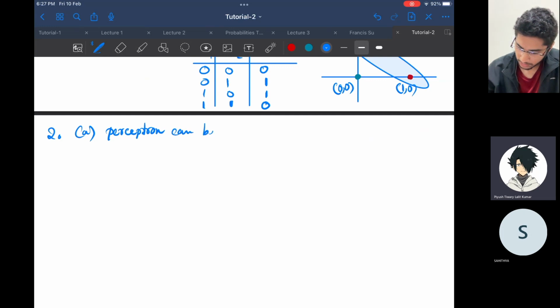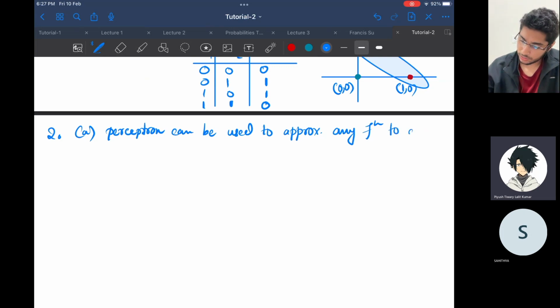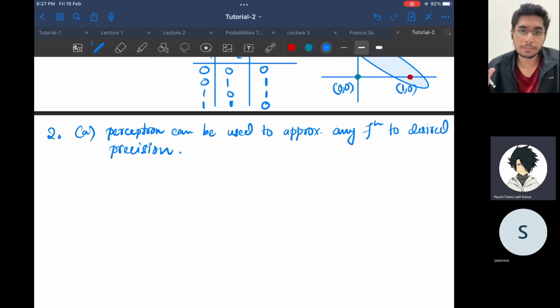As we have repeated several times, a perceptron can only approximate a function which is linear. Any function that is not linear, a perceptron cannot approximate. So this is an incorrect statement.